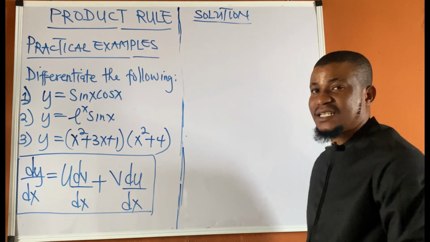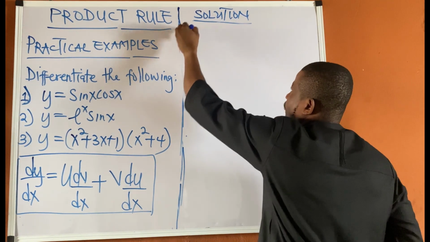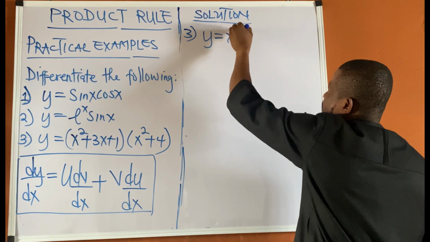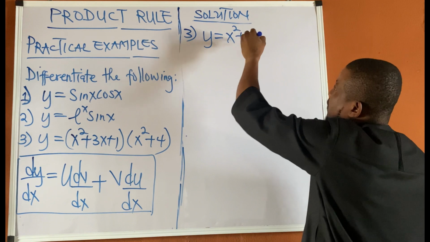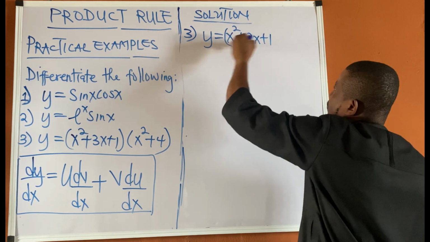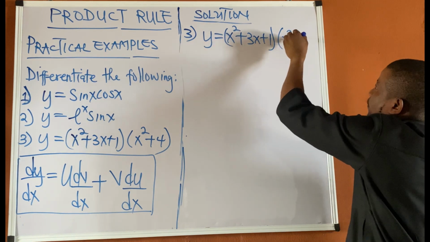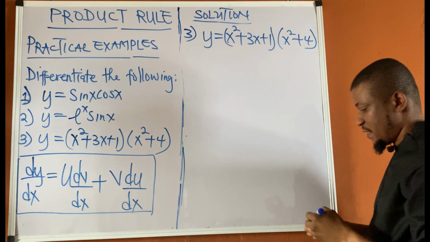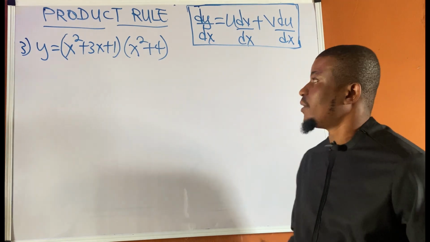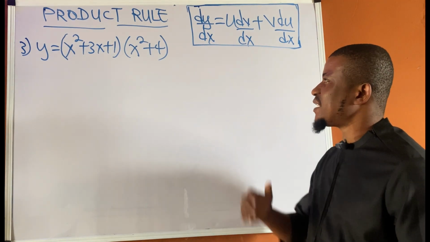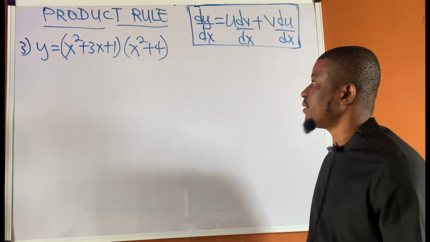Now let's look at the third example. y equal to x squared plus 3x plus 1, into x squared plus 4. For this example, we need to identify our u and our v.